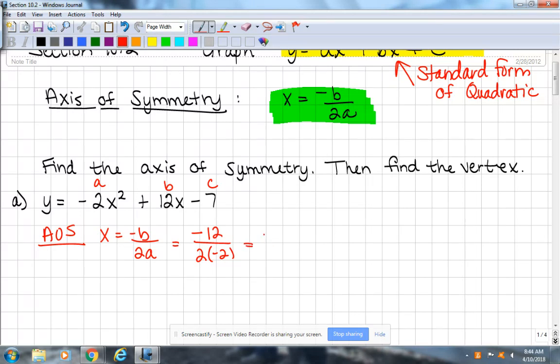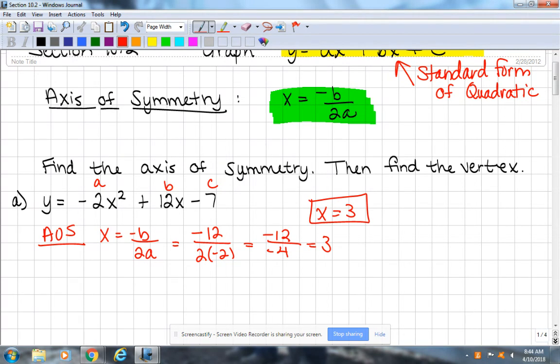So negative 12 over, what's 2 times negative 2? Negative 4. And what does negative 12 divided by negative 4 simplify to be? Positive 3. And I'm not just going to say it's 3. I'm going to say x equals 3 because it's a vertical line. So I need to have x equals a number for it to be an equation of a vertical line.